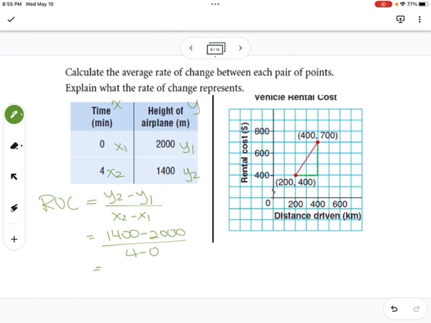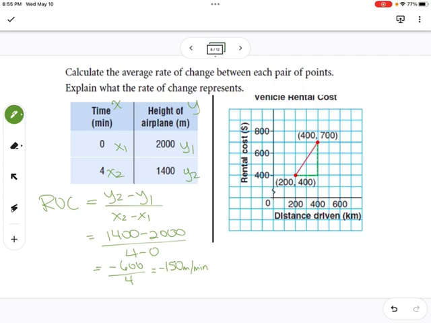What we get here is negative 600 over 4, and that gives us negative 150. And our units here are meters per minute. Okay, so that's the rate of change using a table.